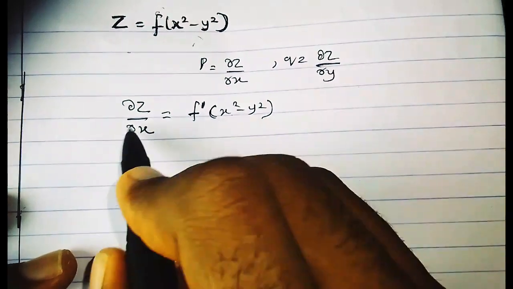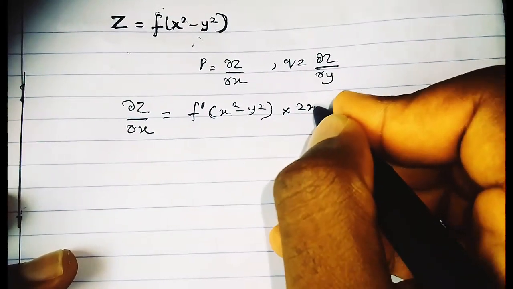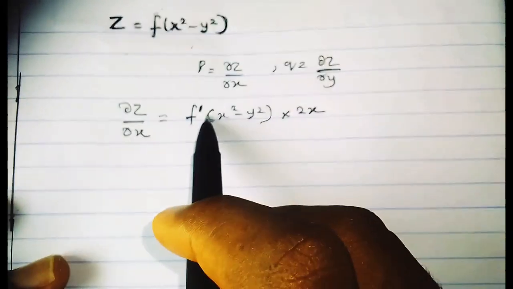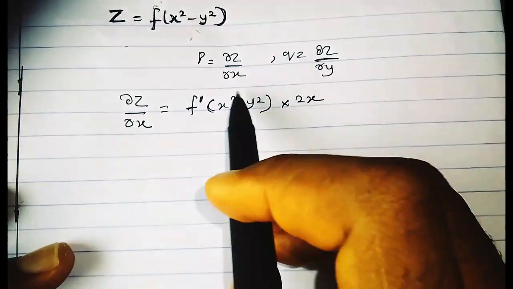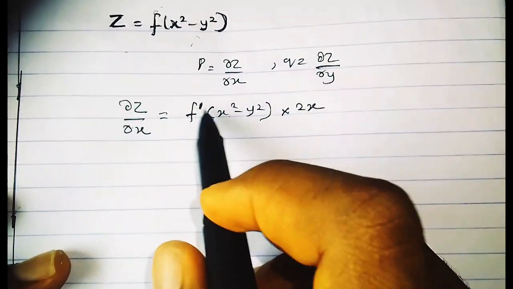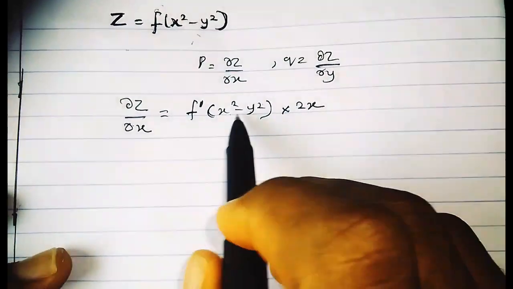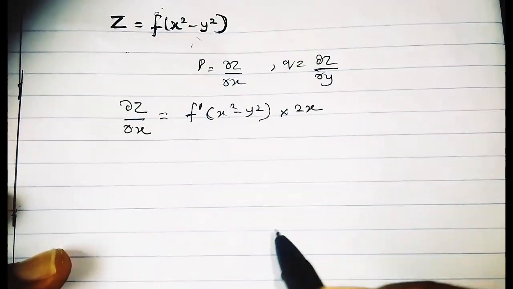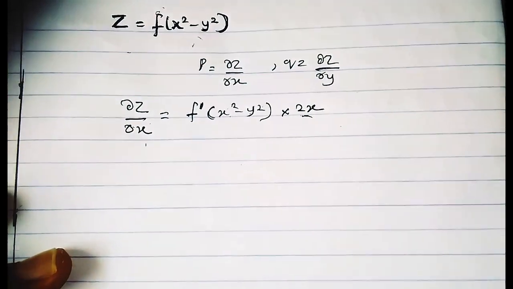Since I'm differentiating with respect to x, y is constant, so that is 0, and the x squared gives 2x. This is a function of another function, so I differentiate the function itself and differentiate what is inside the function, multiplying it by what you differentiated with. So this is dz/dx.